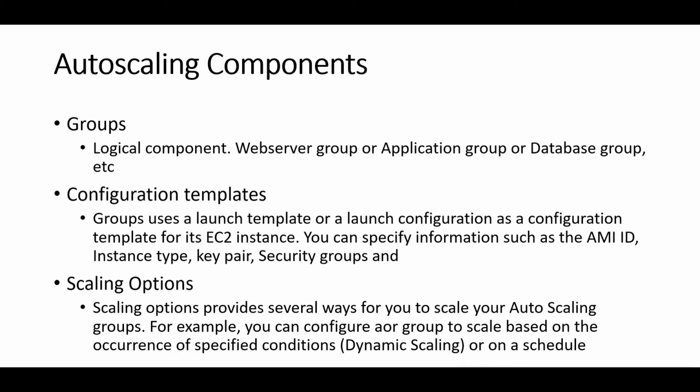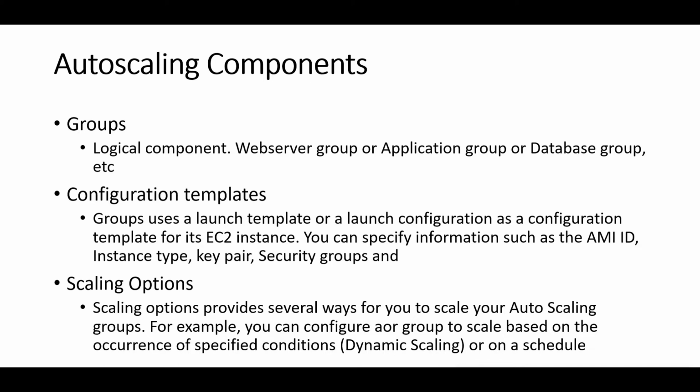Next is scaling options. We'll go ahead with all this with the scaling options in detail. So scaling options provides several ways for you to scale your auto scaling groups. For example, you can configure a group to scale based on the occurrence of specified conditions, which is dynamic scaling, or on a schedule.